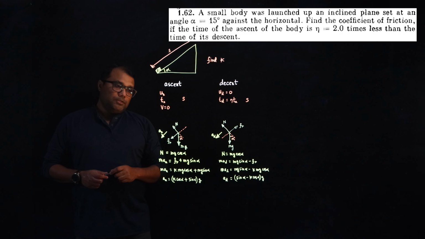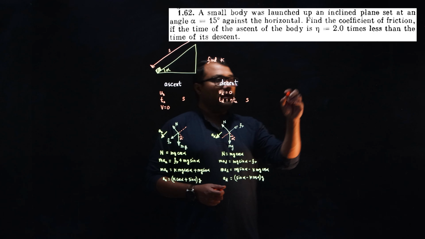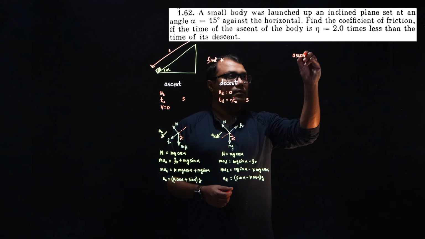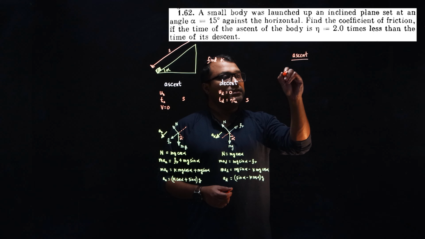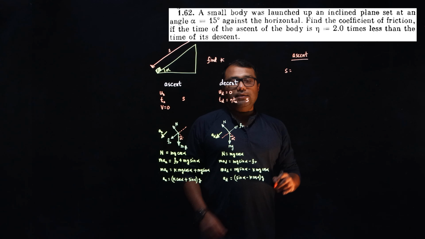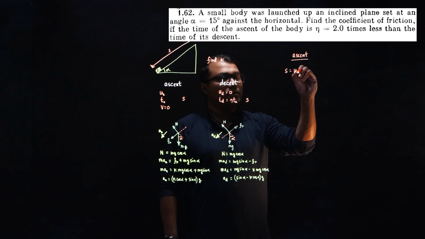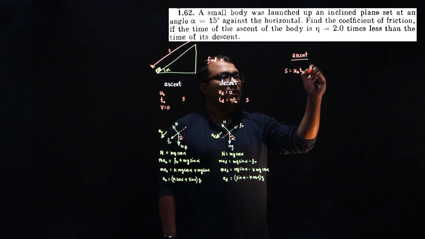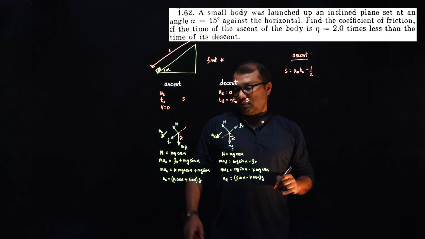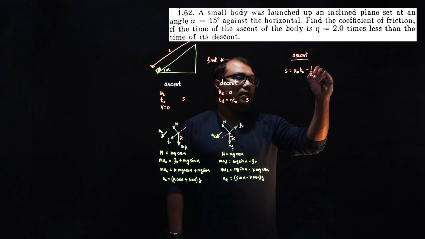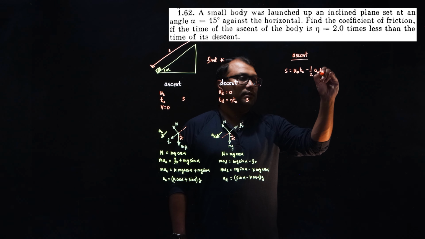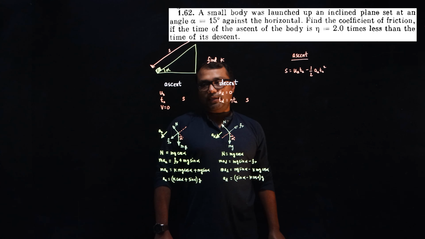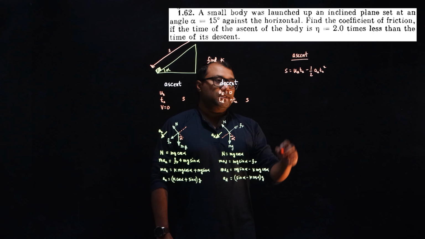So in the ascent case, S equals UA t minus half AA TA square. We don't know UA yet, but that can be easily found out.